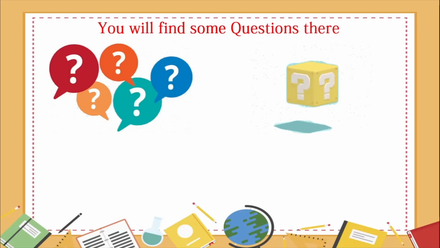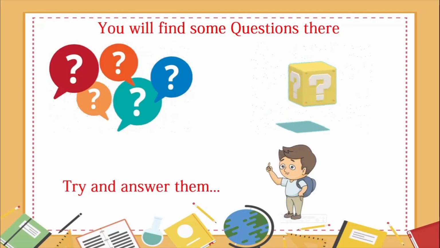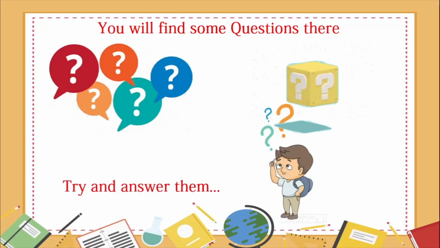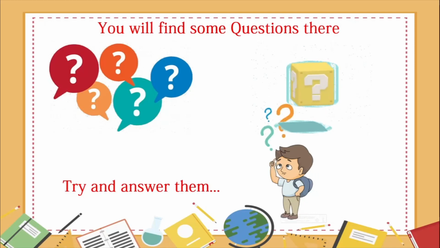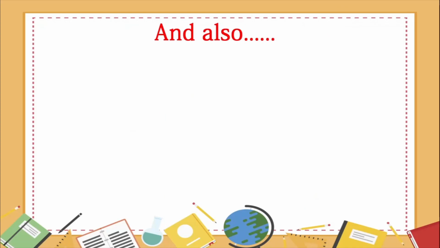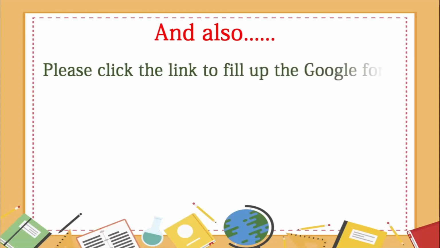So what will you do? You will think back properly about the lesson and you will try and answer these questions and note down the answers in your notebook if you want. After that, we have another task waiting. You will also click on the link which you will find in the description box to fill up the Google form.